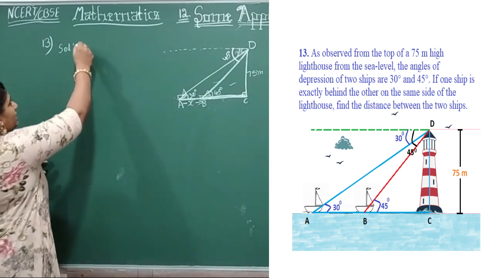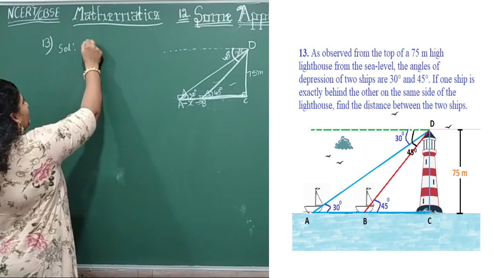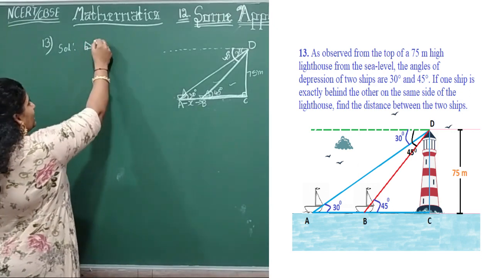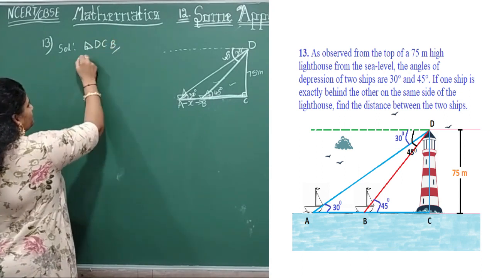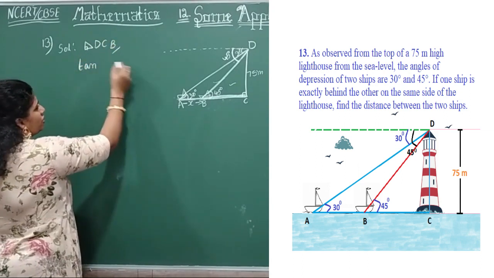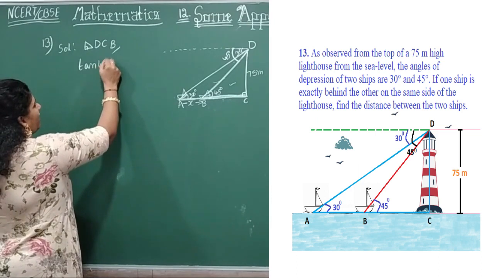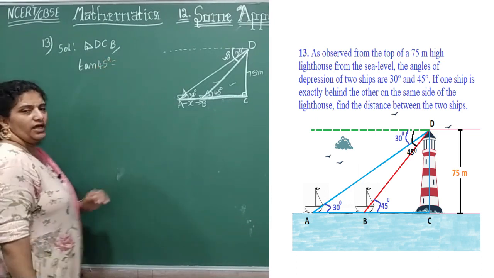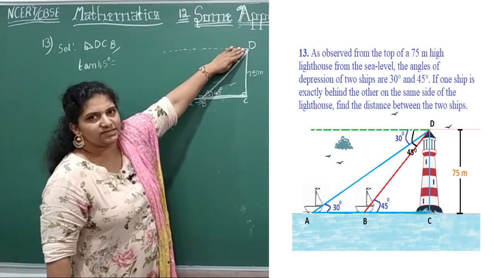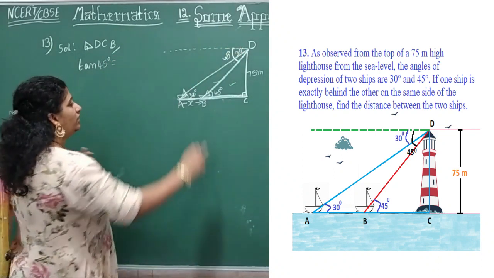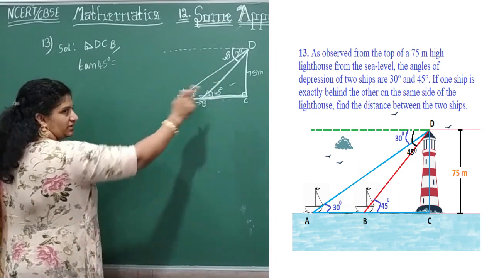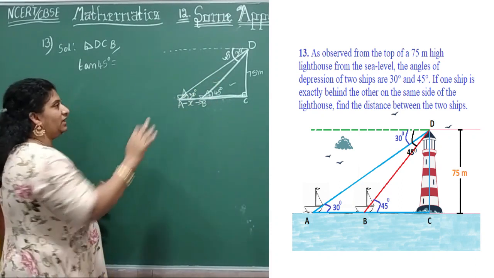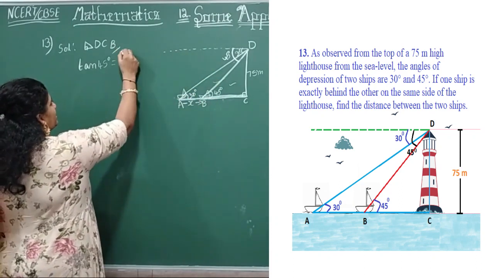So now consider the right angled triangle. Which right angle triangle, children, here? DCB. Apply the ratio. Tan 45 degrees is equal to... Now forget about these angles, right? Only observe these two. Tan 45 is equal to opposite, I know, adjacent I don't know. So what is tan, opposite here?